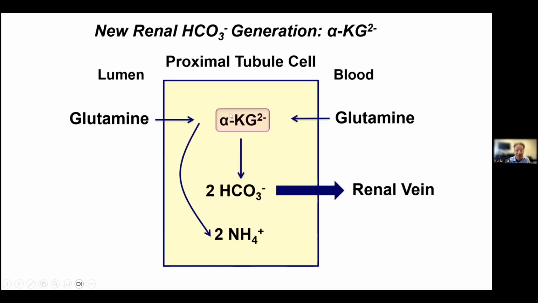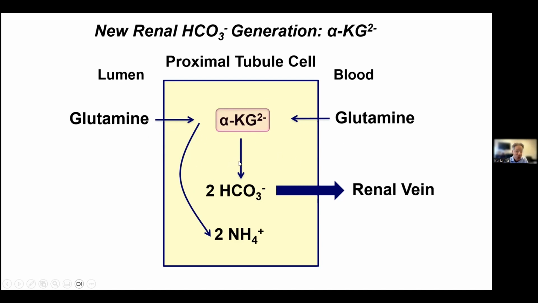It causes it because you don't take up glutamine into the proximal tubule cells normally to generate new bicarbonate like you did normally. Remember that we match our daily hepatic proton load with this new renal bicarbonate generation in the proximal tubule. There are other components too, but this is the main one that's affected in end-stage renal disease and CKD. This is the cause of the metabolic acidosis.